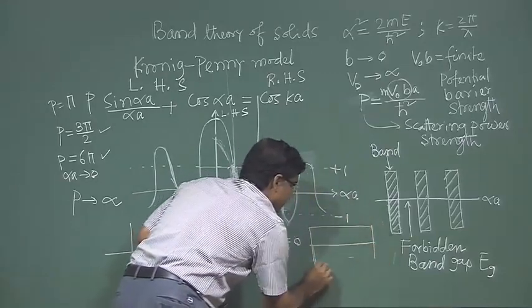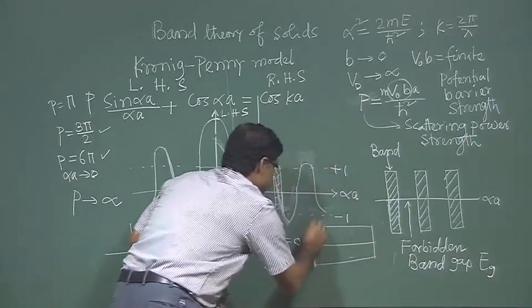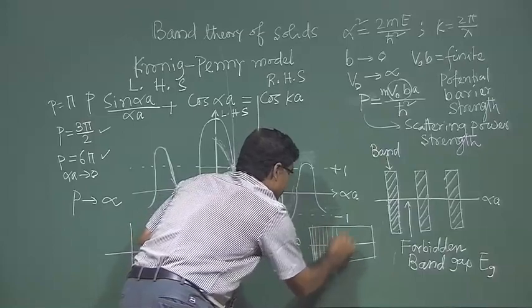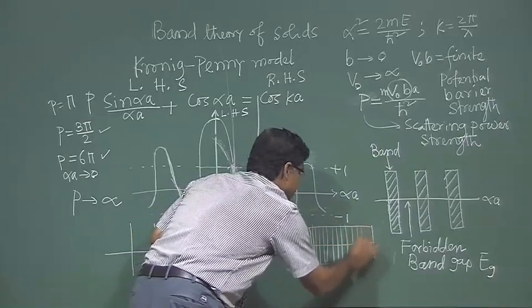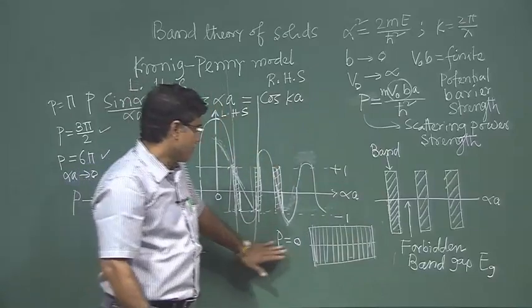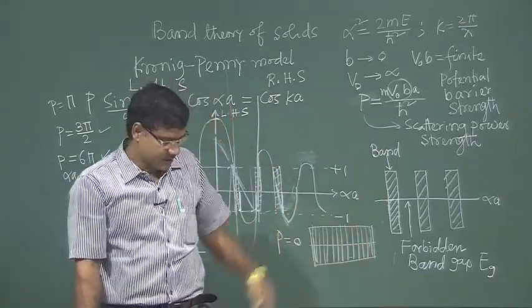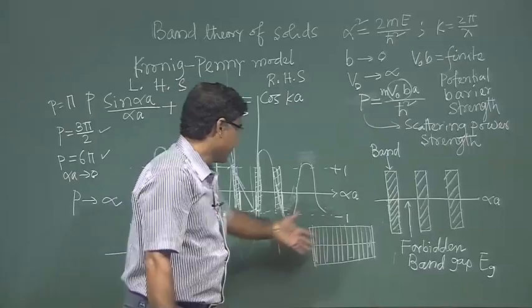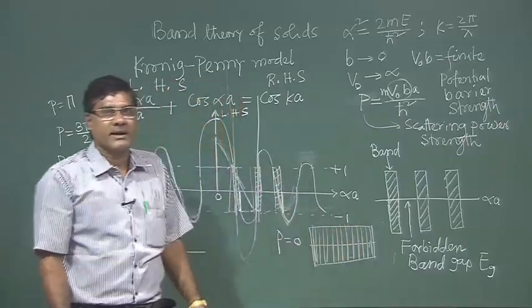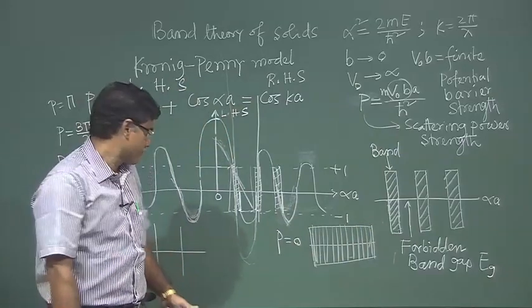Between +1 and -1, all values are allowed. It is continuous. Okay. The electron is free to have any energy. It is a free electron, completely free electron.